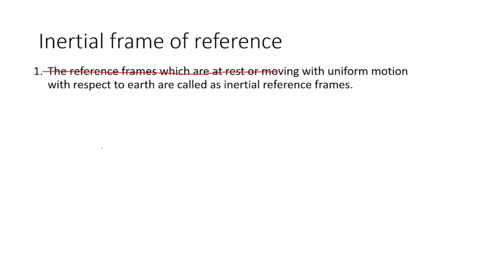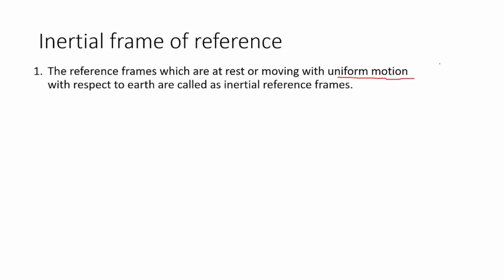Okay, so what is an inertial frame of reference? A reference frame which is at rest or moving with uniform motion. Uniform motion means its acceleration is zero. a is equal to zero.